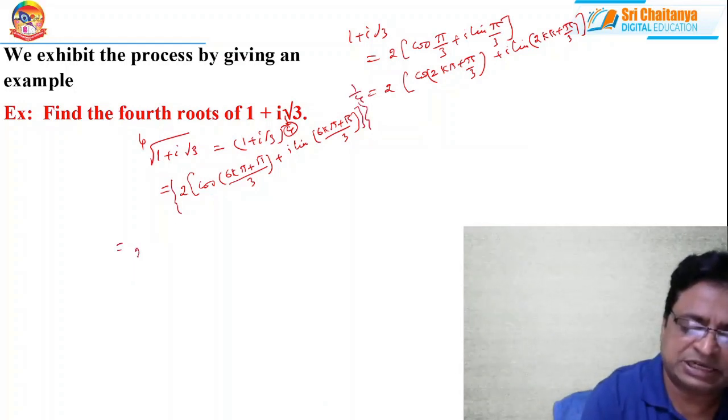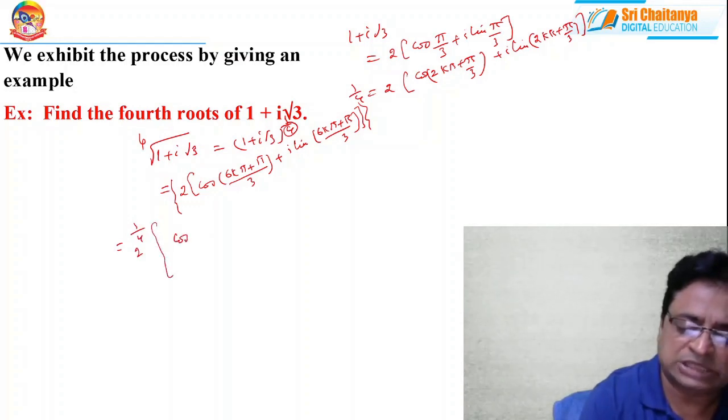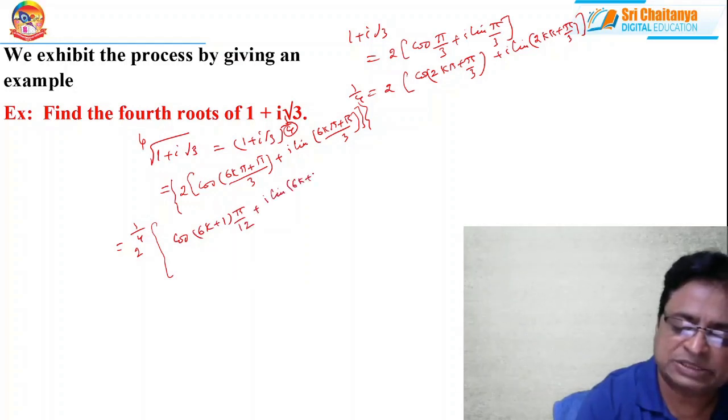Since the power is a rational number, I can write it as 2 power 1 by 4 into cos of (6k plus 1) into pi by 12 plus i sin of (6k plus 1) into pi by 12, where k is equal to 0, 1, 2, 3.